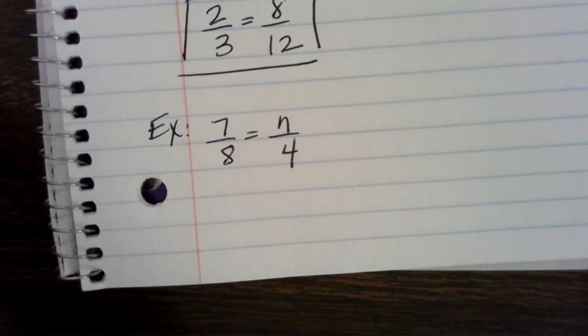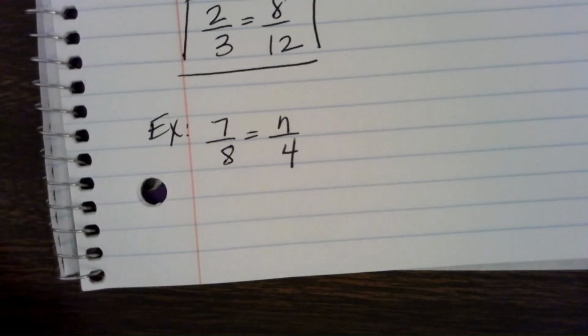Okay, let's do this. So let's do 7/8 is equal to n over 4. Right, Eli? You got this down? Good. Now, pay attention here.